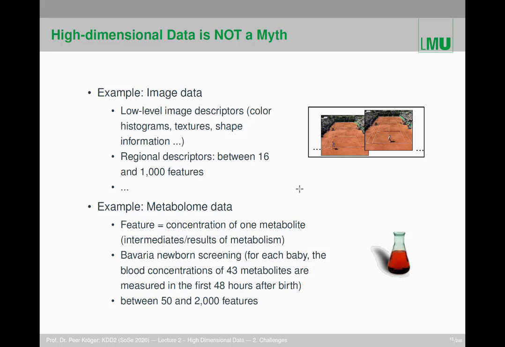High dimensional data is not a myth. It really exists. For example, for image data, if you don't do deep learning, you typically extract some low-level image descriptors, like color histograms, textures, shape information, stuff like that. They can result in, say, 100-dimensional feature spaces. Then if you go for higher level image features like regional descriptors, you end up in feature spaces between 16 and 1000 dimensional.